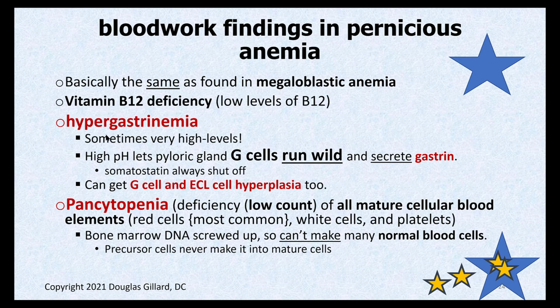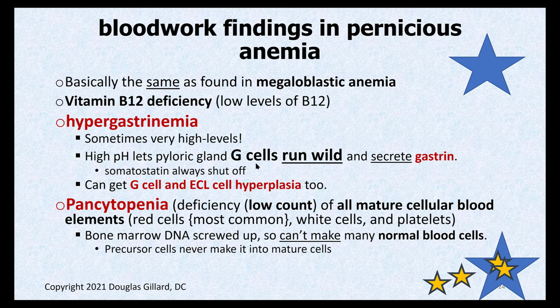So we're going to have, okay, now figure this one out. Why would we have hypergastrinemia? Well, if you don't have acid in your stomach, there's nothing to shut down the G cells. And the G cells run wild in the pyloric region. We have pyloric glands.